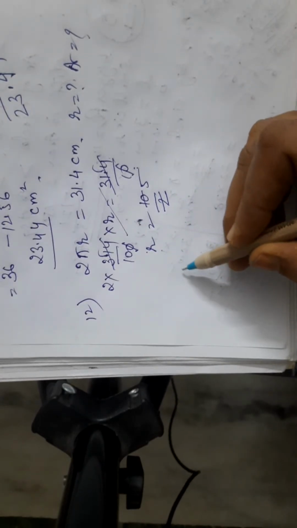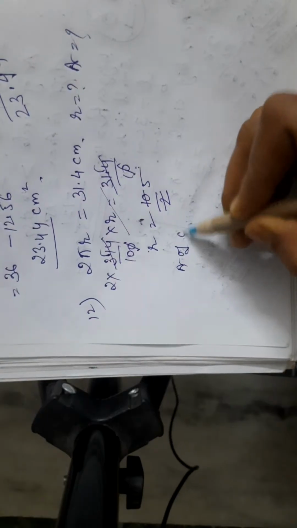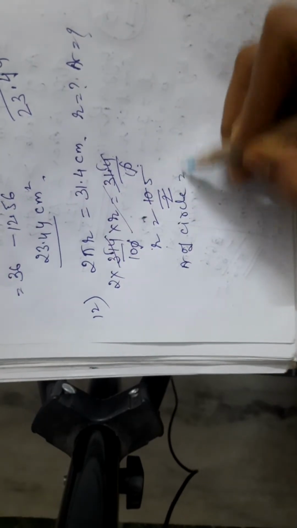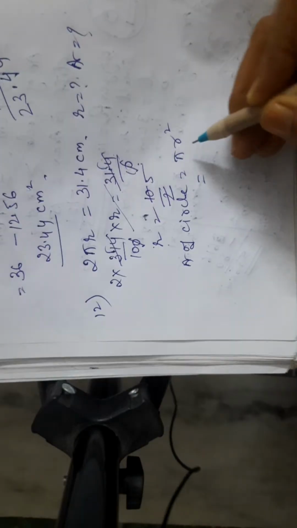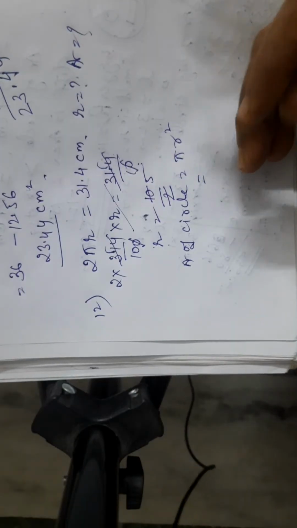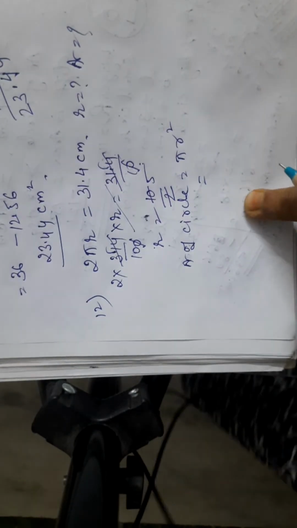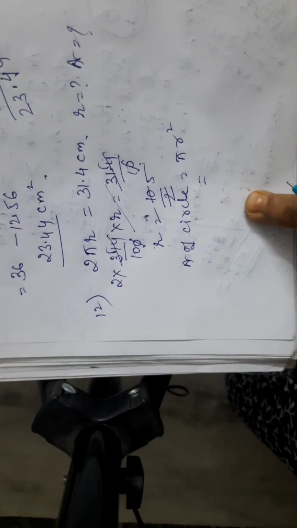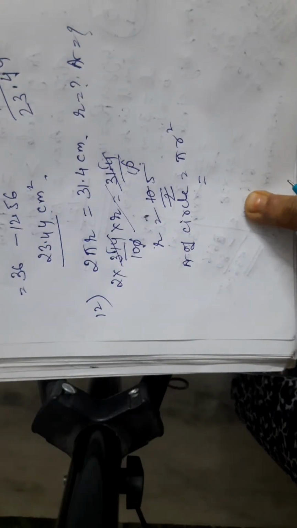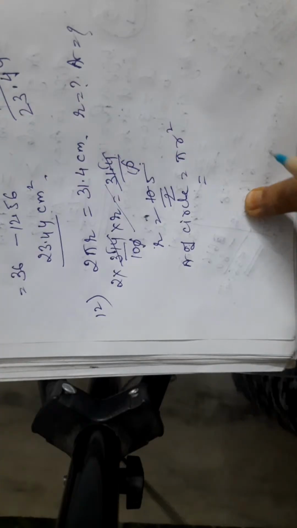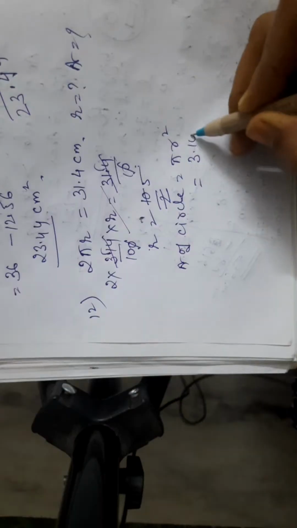We need to find what is the area of the circle. Area of a circle is pi r square. Pi is given as 3.14. So here the pi value is 3.14.